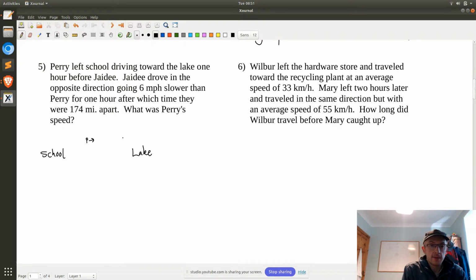And then JD is driving in the opposite direction, that way. And JD is going 6 miles per hour slower than Perry for 1 hour, after which time they were 174 miles apart. Oh my goodness me.